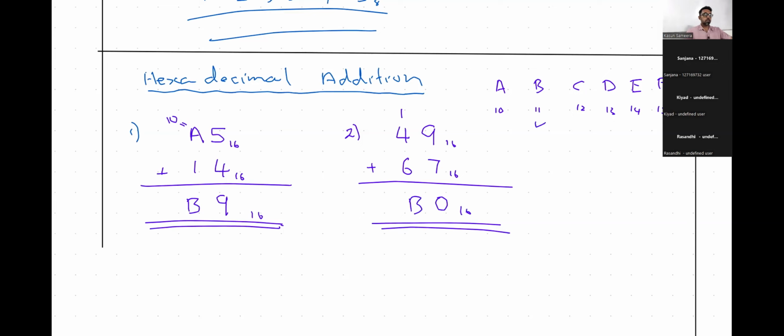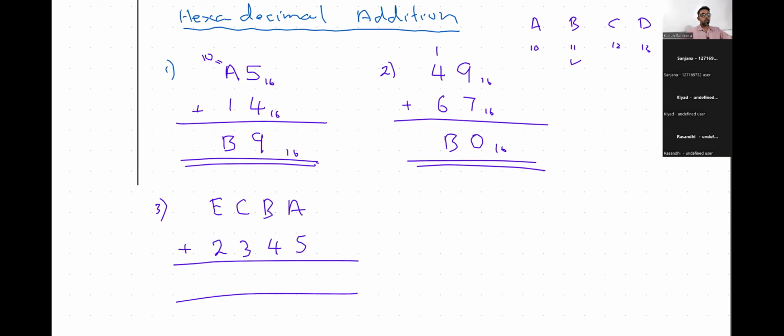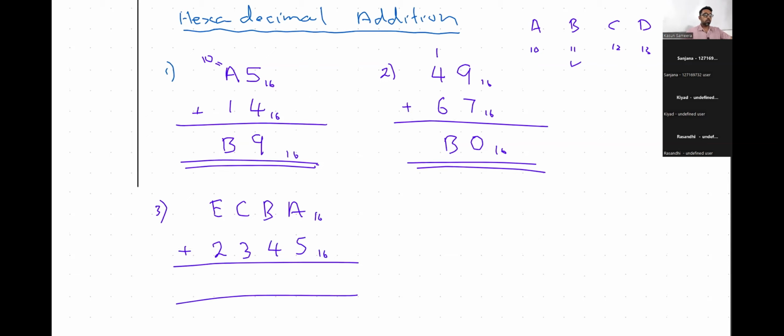Question number 3. ECBA plus 2345, addition. Both the numbers are base 16. What is the number for E? Refer to this one. 14.